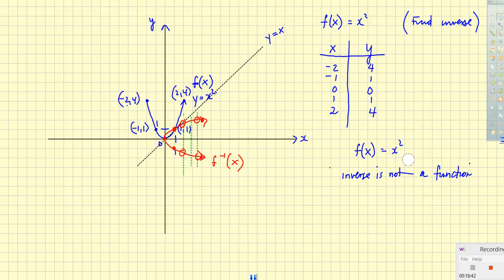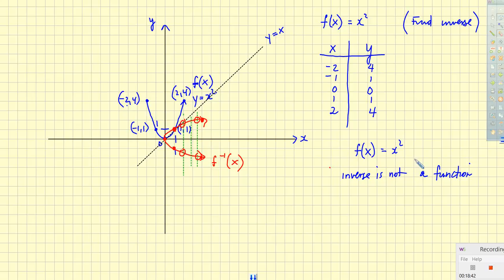But the bigger question at this point might be, is there any way that I can make the inverse of x squared into a function? How do I make it into a function?